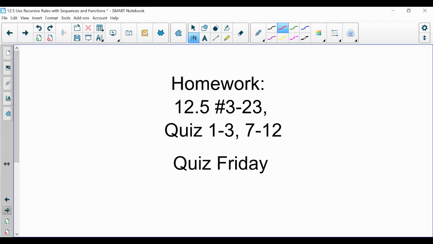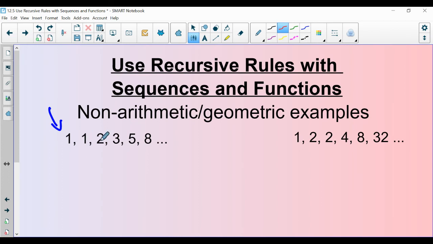You want to be able to say the third term is the previous term and two previous terms. So you would say a sub 1 is 1. A sub 2 also happens to be 1 in this example. The first term is 1 and the second term is 1.